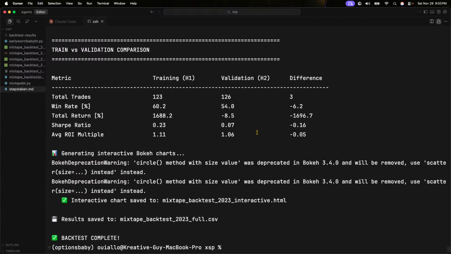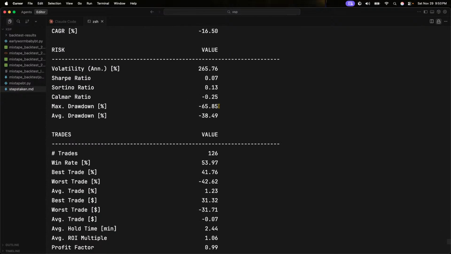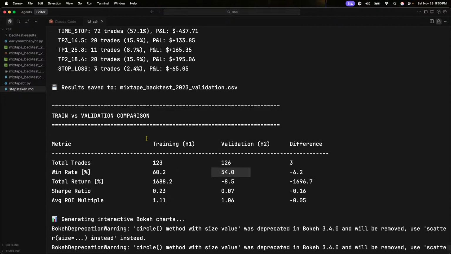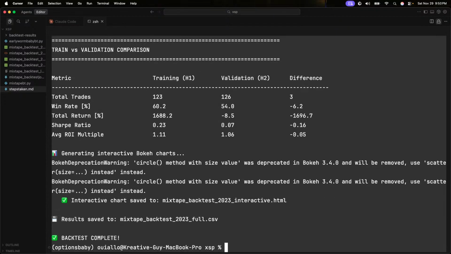I mean, it did get marginally better. It did get marginally better, right? It's not explosive like training, but it did get marginally better. So let's review.